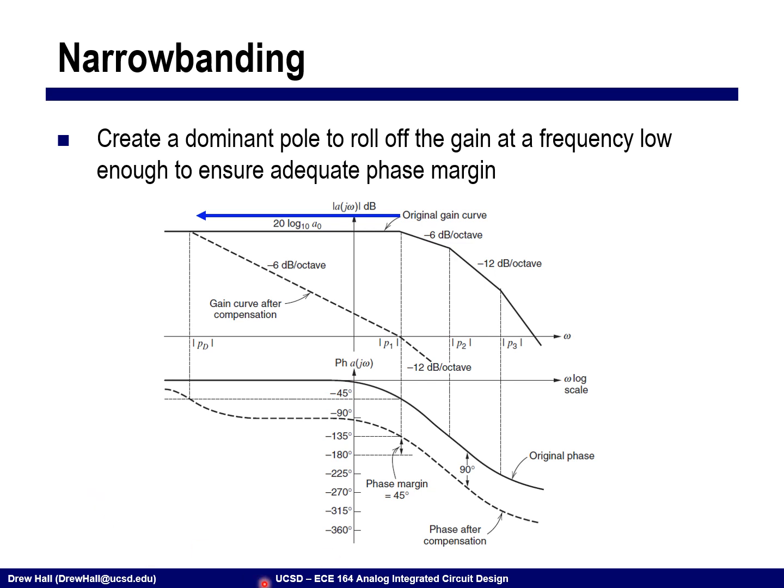The idea of narrowbanding is that we are going to create a low frequency pole in order to ensure that we have sufficient phase margin. Okay? And so let's take this particular example where our open loop amplifier had a response that looks like this. Okay? And so you can see that we have a pole here. We start to lose 20 dB per decade. We hit another pole, and we have a third pole. Okay?